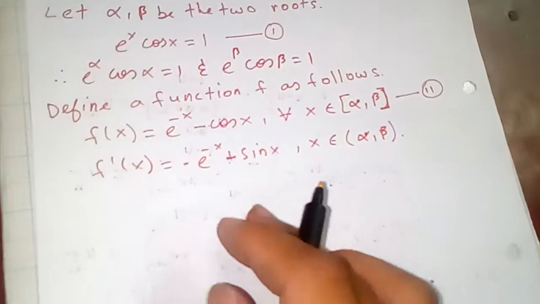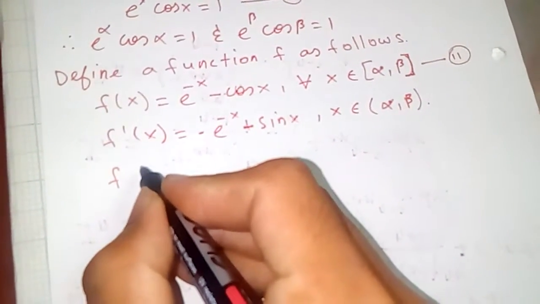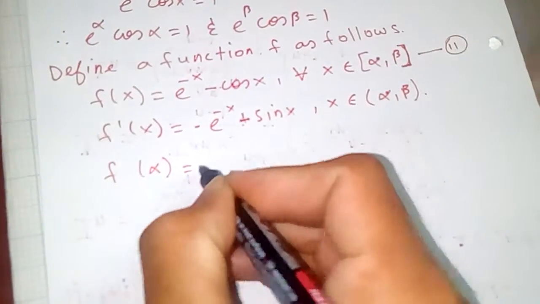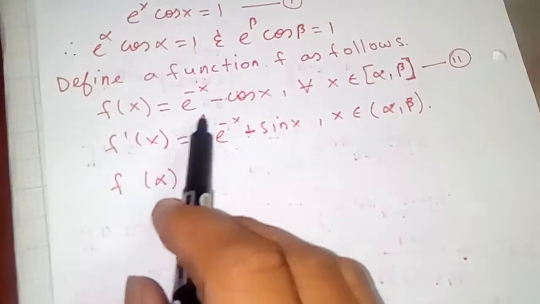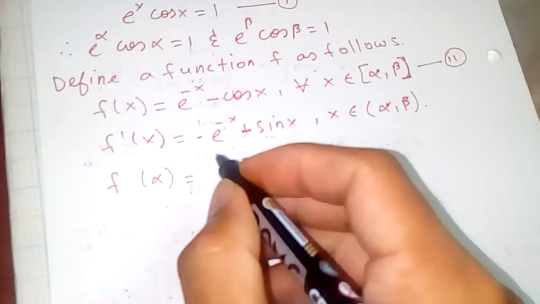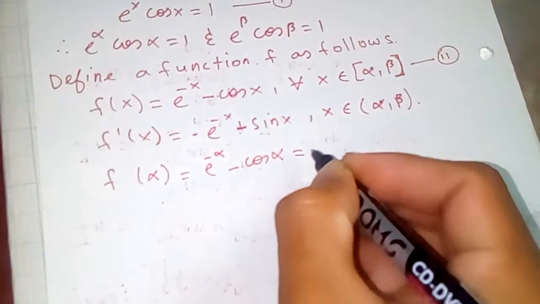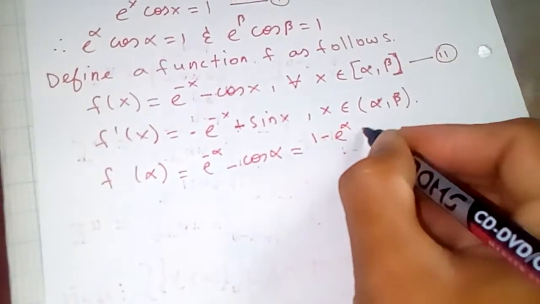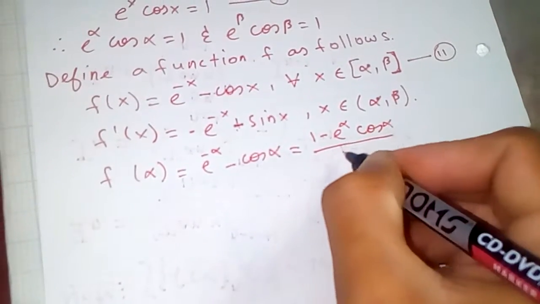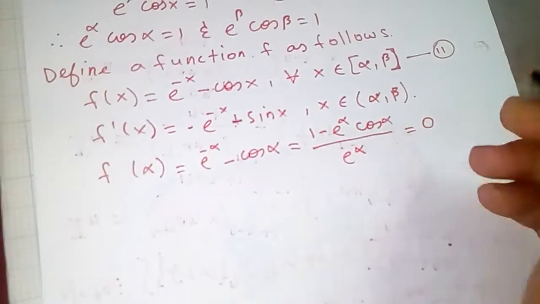Now let's put f of alpha, which is e to the minus alpha minus cos alpha. If you simplify this, you get 1 minus e to the alpha cos alpha over e to the alpha, which is obviously 0.